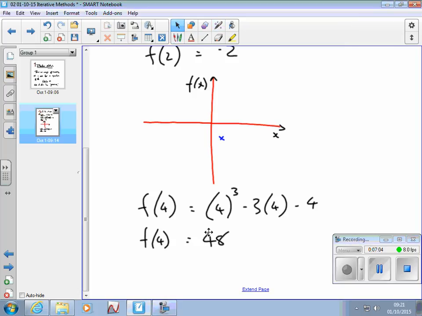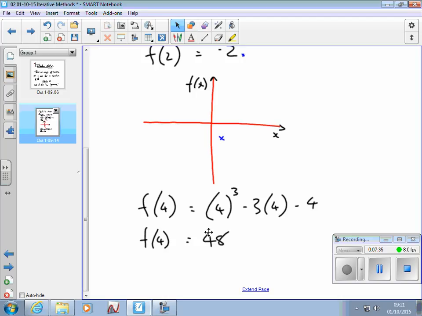So if we think about that on here, when x is 4, it's 48, way up here somewhere. That's useful. Why is that useful? Exactly. Okay, we know that the value we're after is somewhere between 2 and 4. So already we're getting close-ish to the answer.